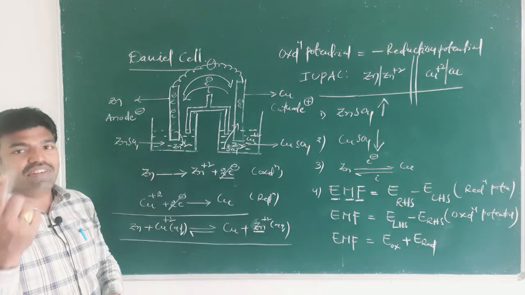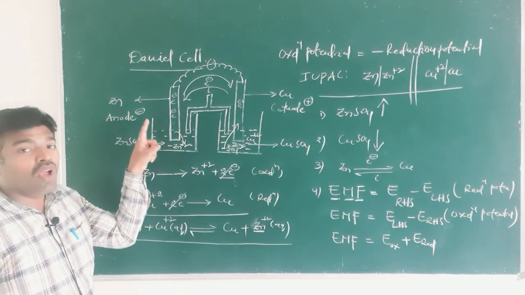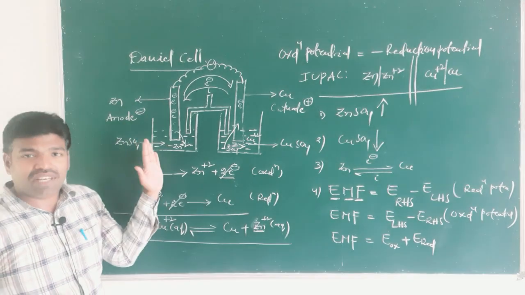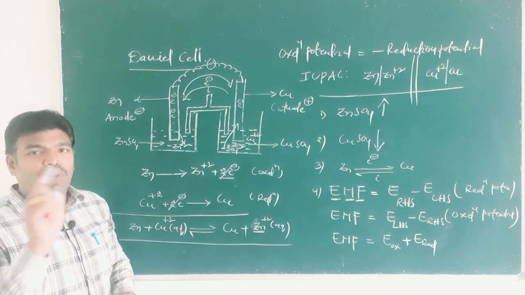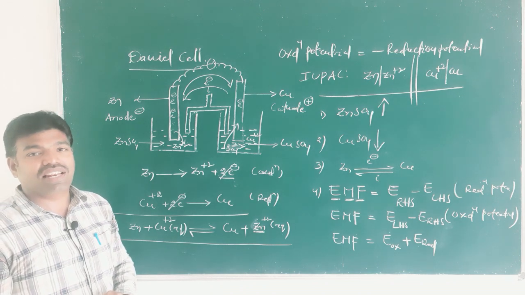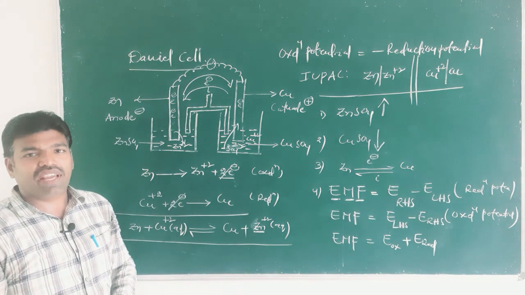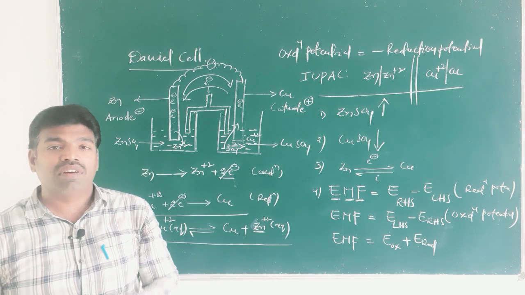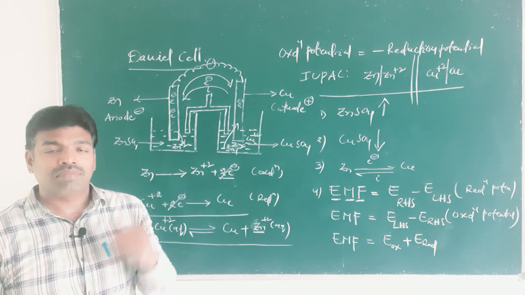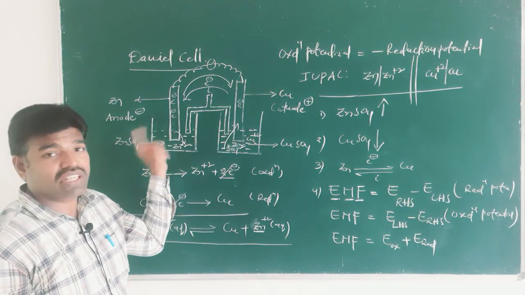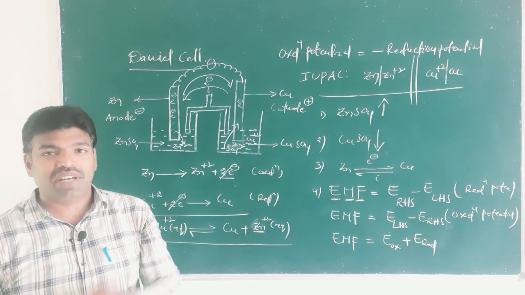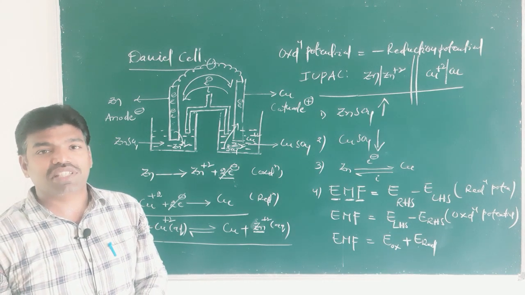In the next videos we shall go through electrode potential, standard electrode potential, oxidation potential, reduction potential. We shall deeply involve in oxidation potentials and reduction potentials, because those are very important in understanding electrochemistry problems.